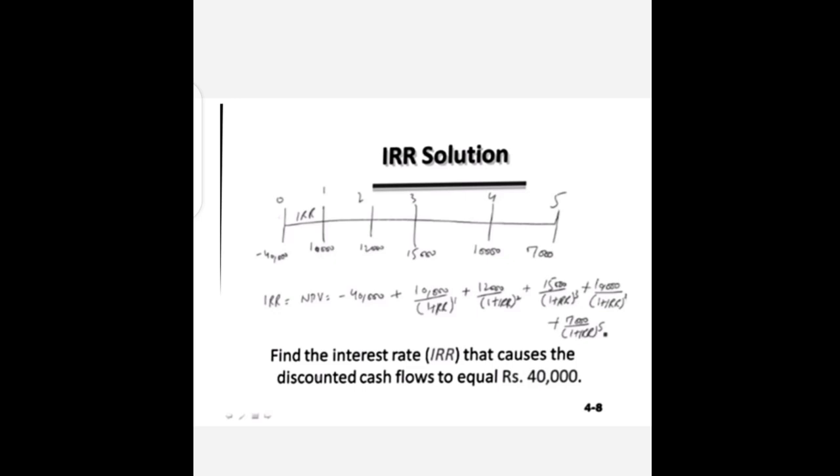In order to find the internal rate of return, find the interest rate that makes the discounted cash flows equal to 40,000. If we find the rate at which the cash inflows equal 40,000, then that rate will be the internal rate of return. As we are investing 40,000 and if we are getting 40,000, then the NPV is equal to 0.